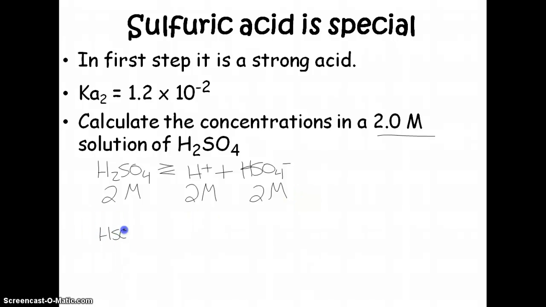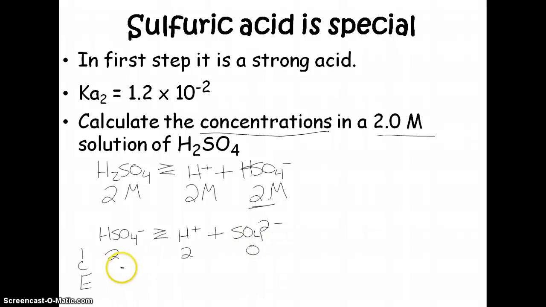So in the second step, the HSO4 minus is going to lose the last hydrogen to become SO4 2 minus. Now we need to look at an ice chart to try to determine all of the concentrations at equilibrium. And we know that our original HSO4 is 2 and our original H is 2. Okay, and we have no SO4 2 minus at this point.